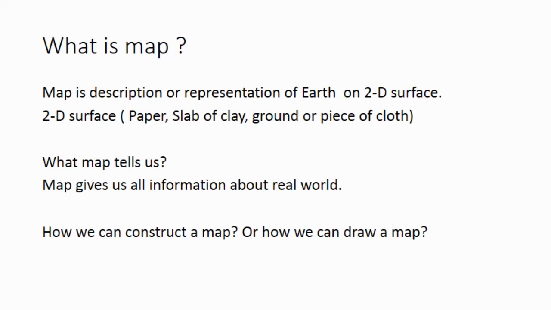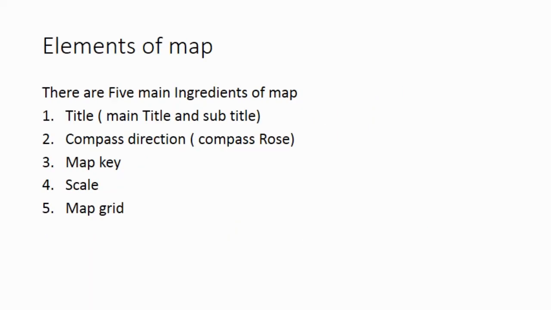How can we construct a map or how can we draw a map? For the answer of these questions, we will jump to the next slide. In this slide, we will discuss the basic elements of the map or the basic ingredients of the map. With the help of these elements, we can draw a very informative map.